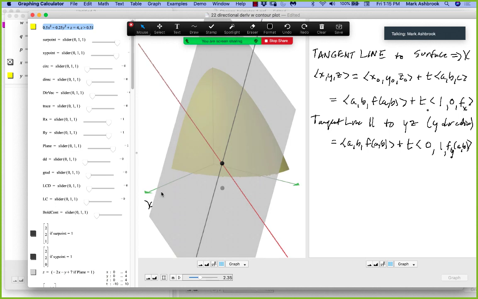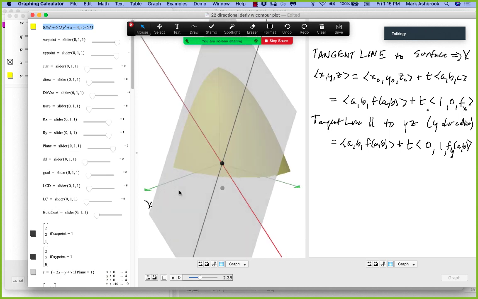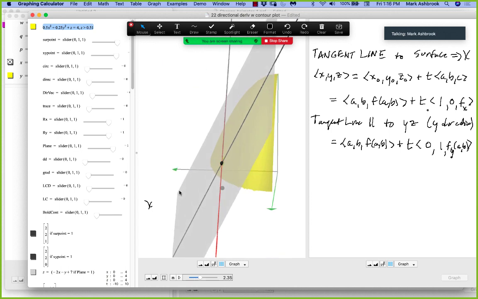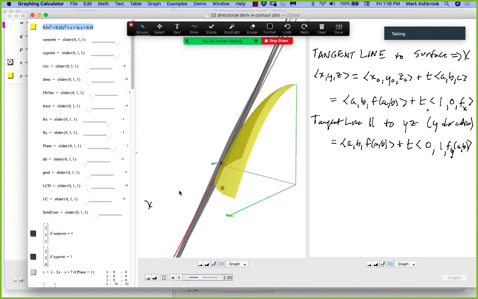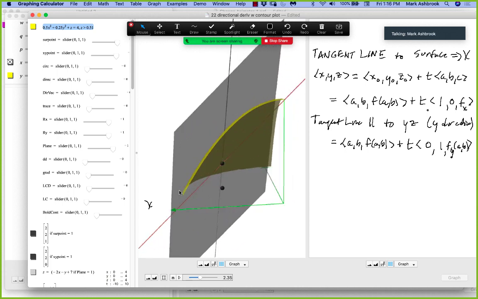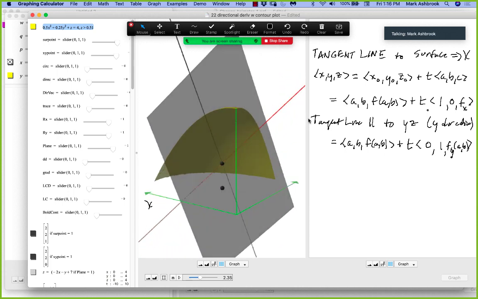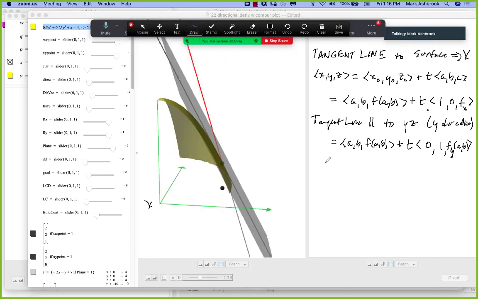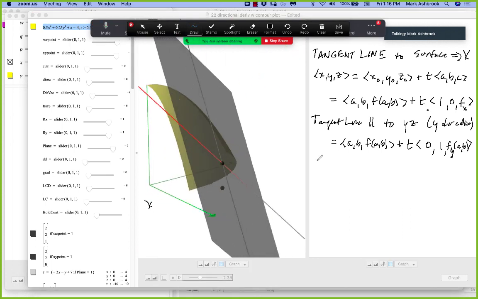So there's a plane that contains both those lines, and both the lines are tangent to the surface. Therefore, the plane is tangent to the surface. It's the tangent plane, right?